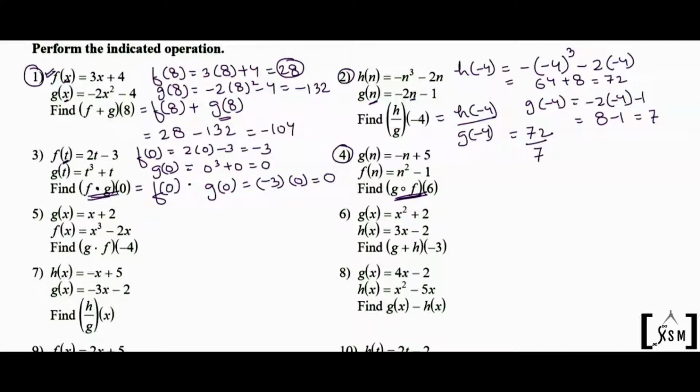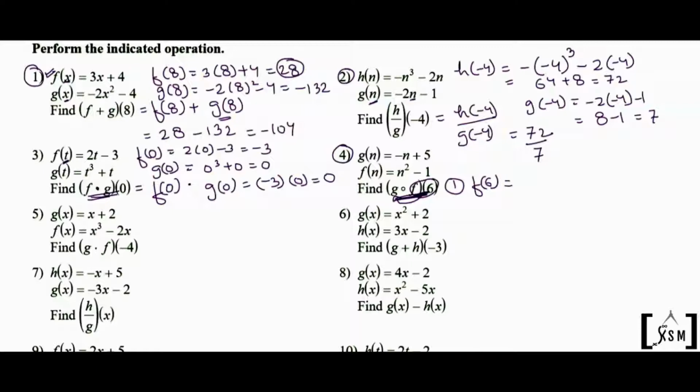In such a case, please understand my first job. First job is you find the f6 value, and then whatever value you get, you plug in that value in place of g. So my job is first to find the f6 value.